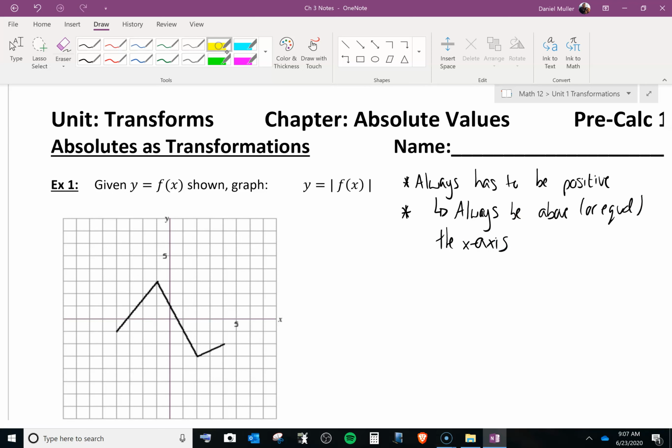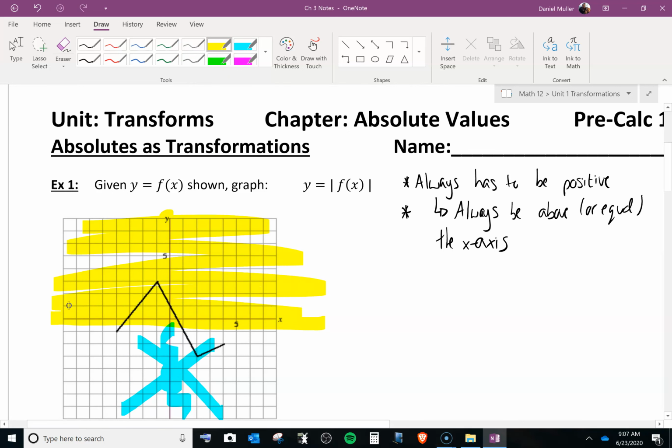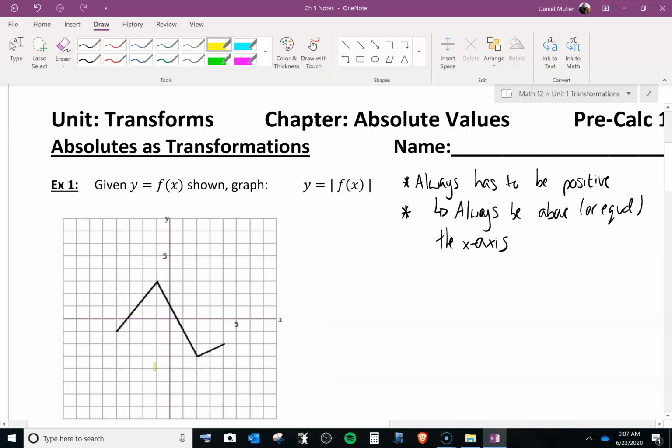So here's the x-axis, and if it's always positive, an absolute value will make the y always positive. This is our y. Our y's can never be down here in the negatives. It's not possible. So if we're always positive, it means our drawing, our graph, will always have to stay up here. And then we can transform it after that. But initially it's always going to be up here.